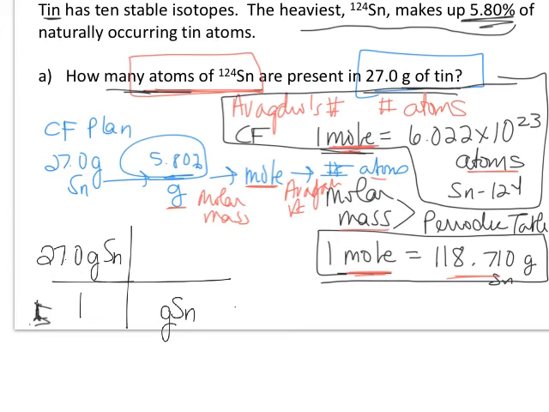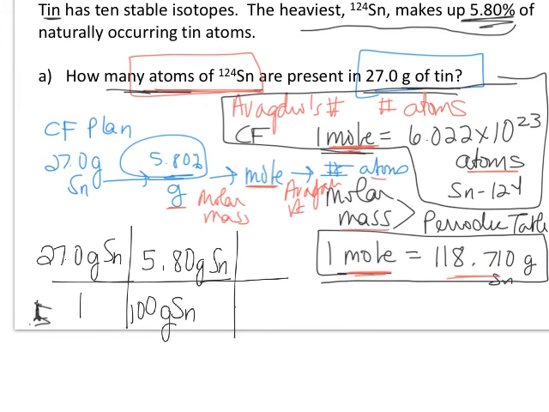And we need to take into consideration that only 5.80% is what we're looking at. So for 100 grams, this is how we do percentage. For 100 grams of the tin, only 5.80 grams of the tin is actually tin 124.